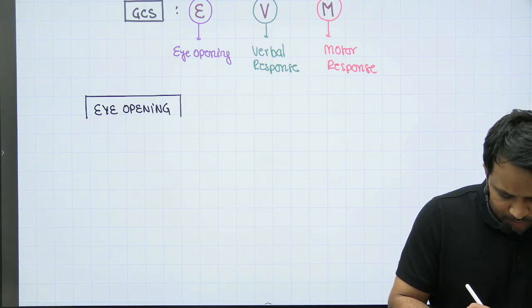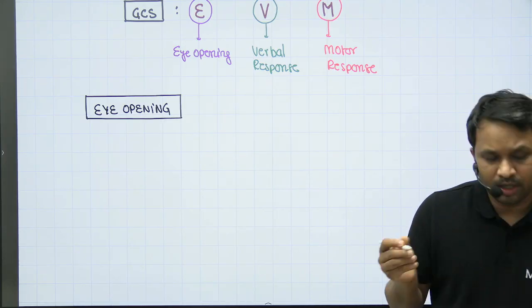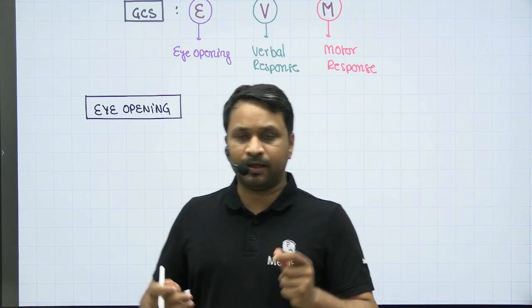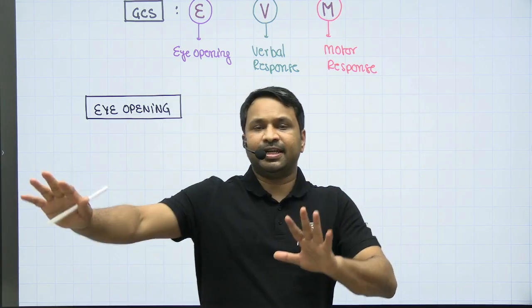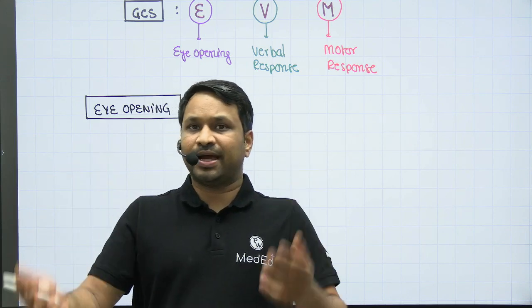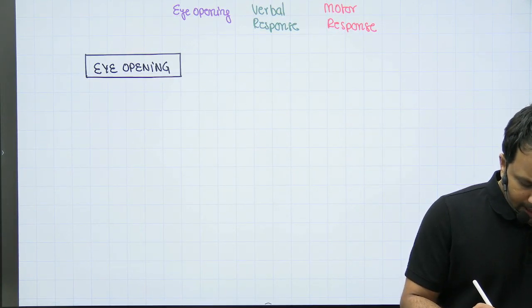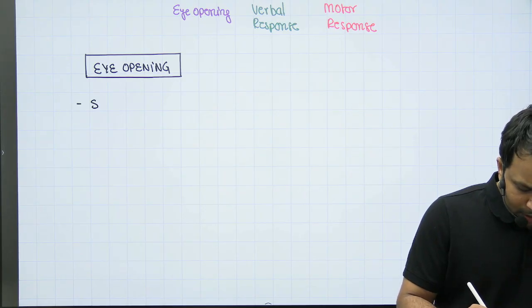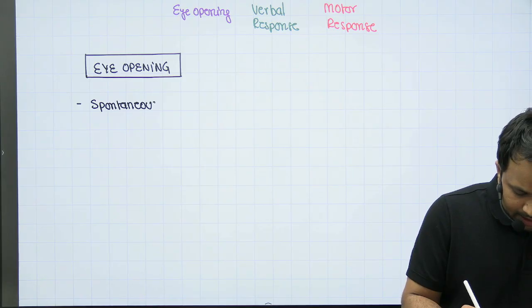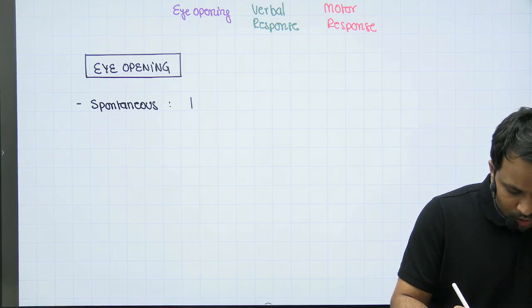Let's say a patient has come to you after a trauma and you want to do a GCS assessment. If he's sitting and talking to his friends with his eyes wide open, or the patient opens his eyes spontaneously, a score of 4 is given.